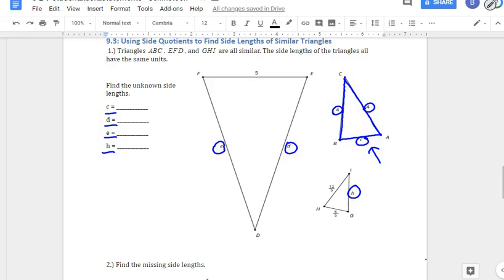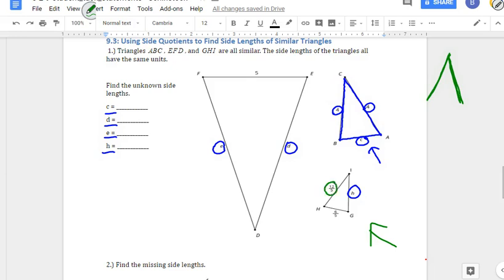Since we know that those 2 side lengths on an isosceles triangle, the ones on the sides, are always the same, it's easiest if we start down here with the smallest triangle, because this triangle tells us a lot of information.